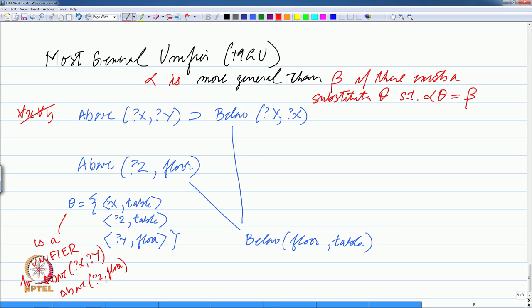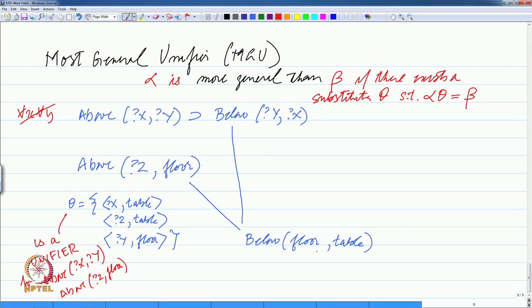So, it unifies these formulas, the left hand side of the implication and the other statement that are given to us, which means it makes them the same, and then we can apply this substitution to the right hand side according to the modified modus ponens rule, and substitute for y floor, and for x table, and we will infer that the floor is below the table. So, it is a perfectly valid inference to make essentially.